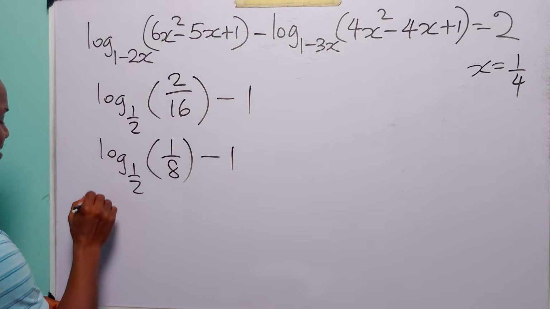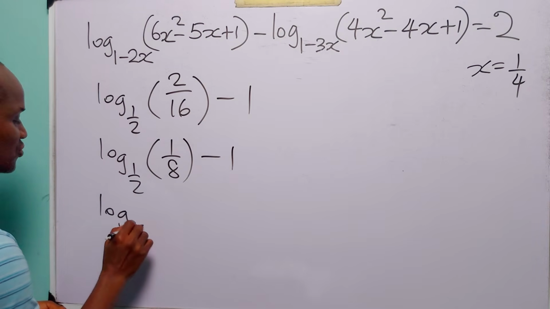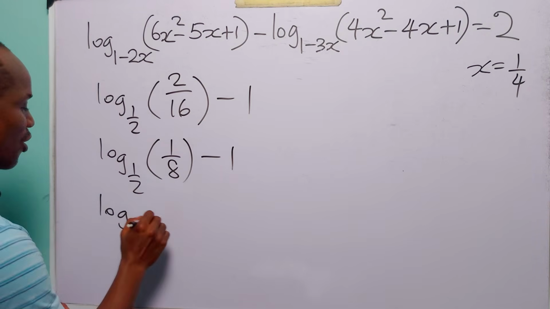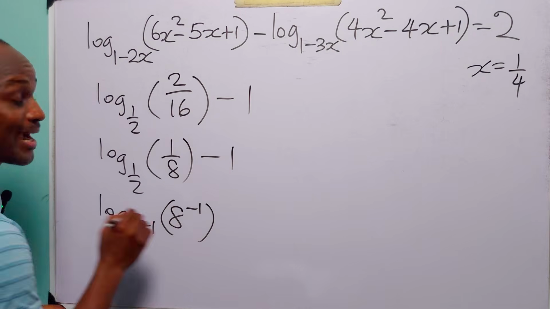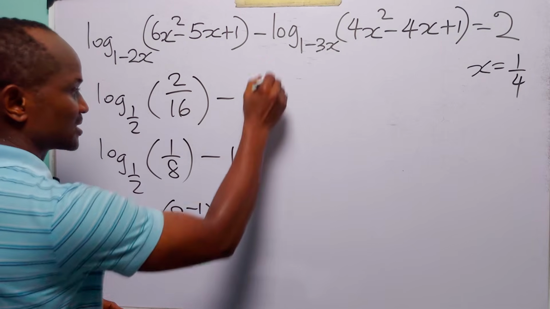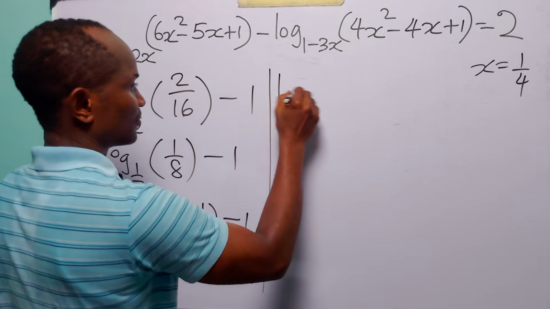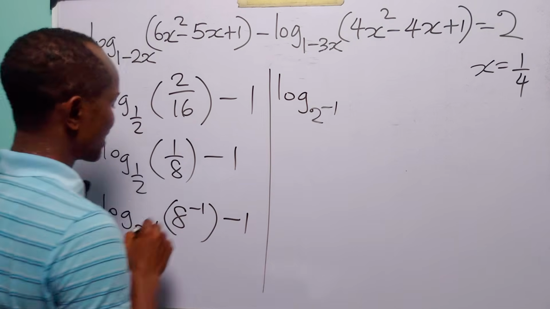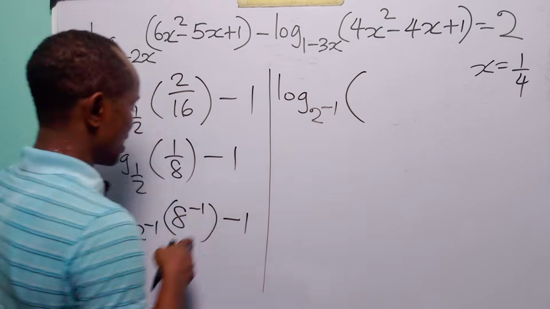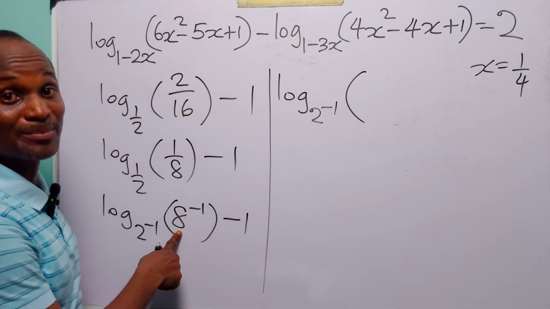And of course, you know that this is the same as log to base 2 to power minus 1 of 8 to power minus 1, then minus 1. Now we can write this as log to base 2 to the power minus 1 of, remember that 8 is 2 to the power 3.